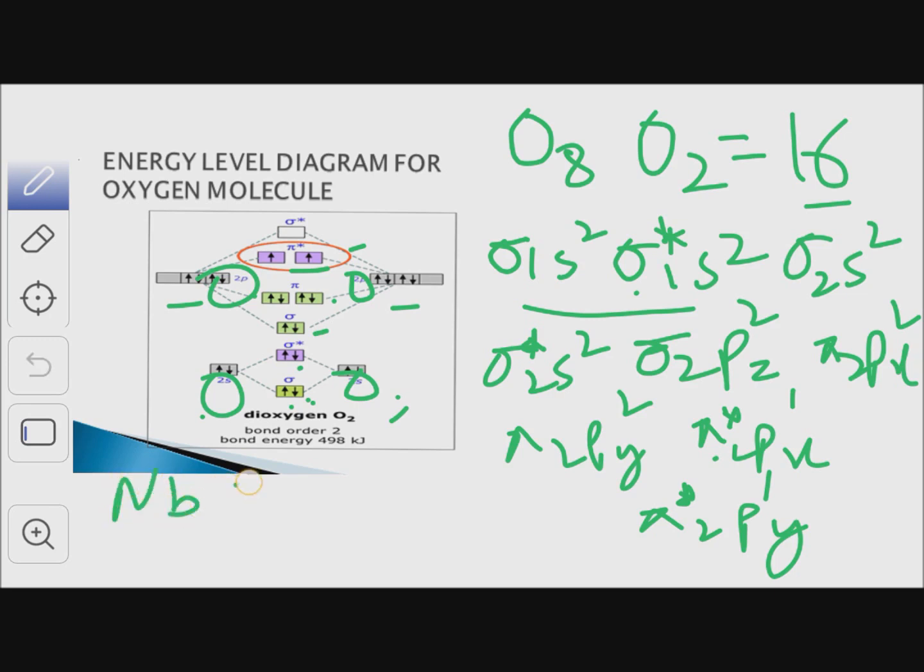Nb represents the bonding electrons, and Na represents the anti-bonding electrons. There are 4 anti-bonding electrons in it.